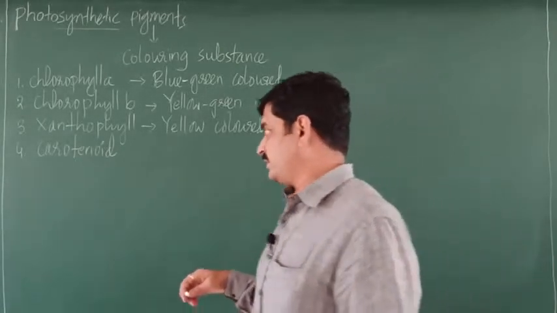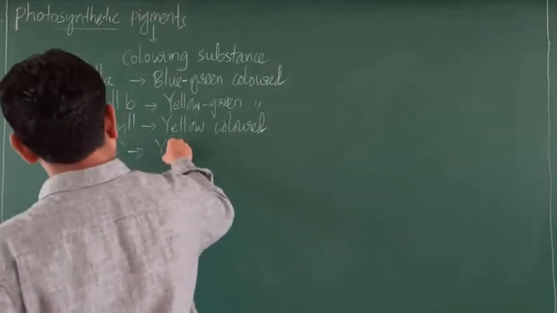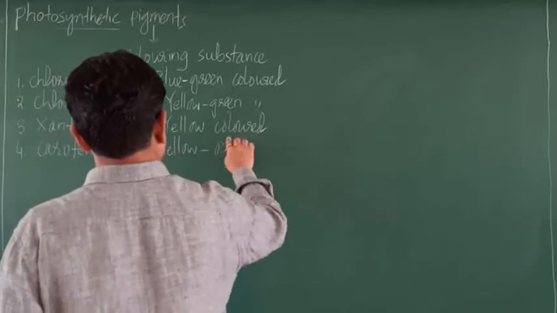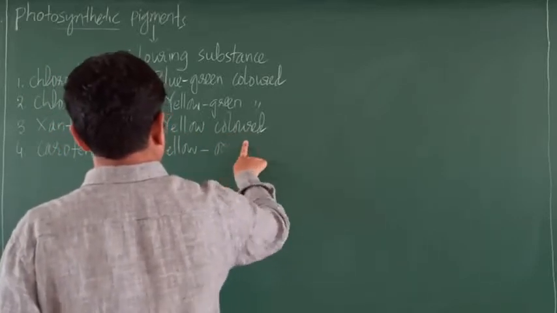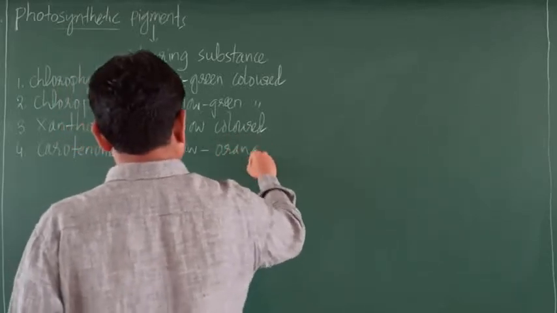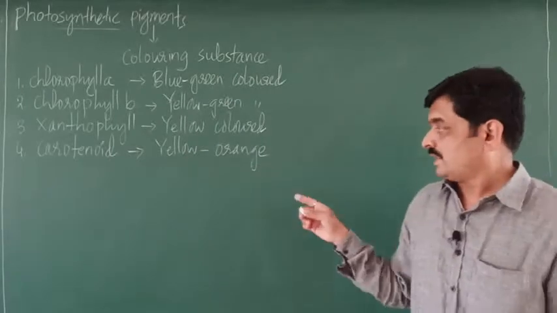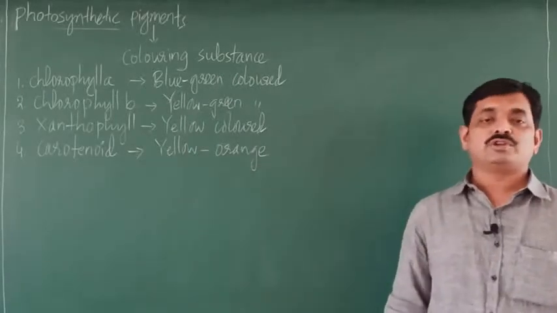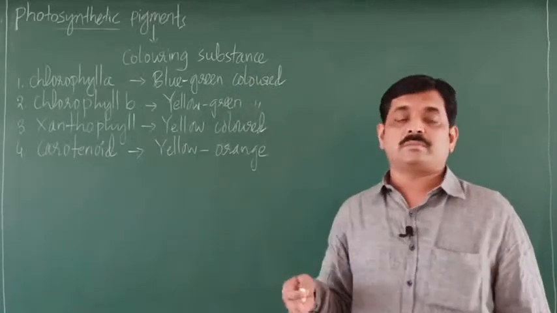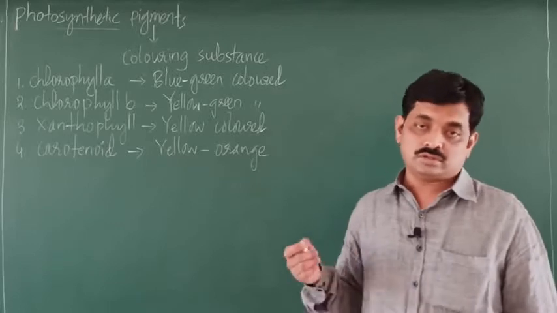Similarly, carotenoid is a yellow-orange or yellowish-orange colored pigment. So these are the various photosynthetic pigments that are involved in photosynthesis.